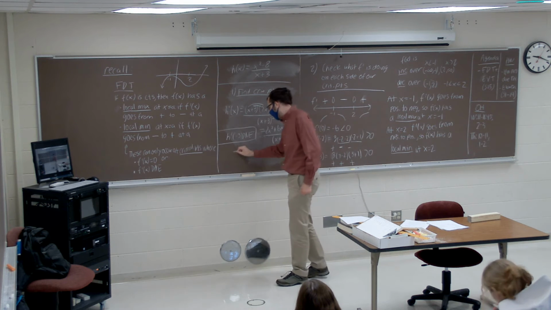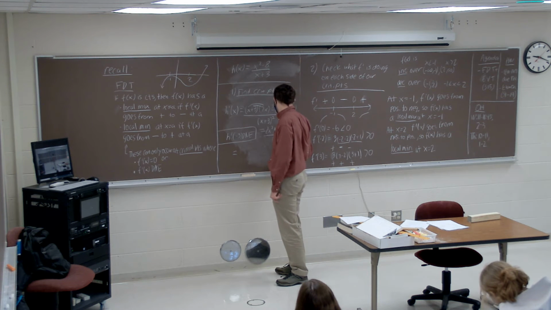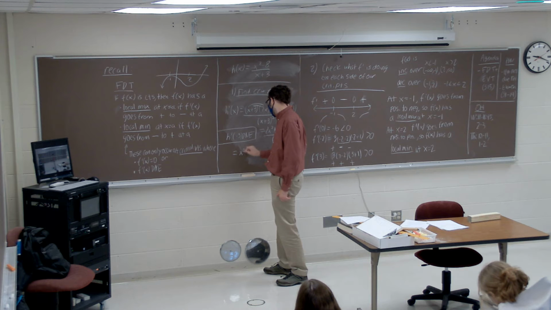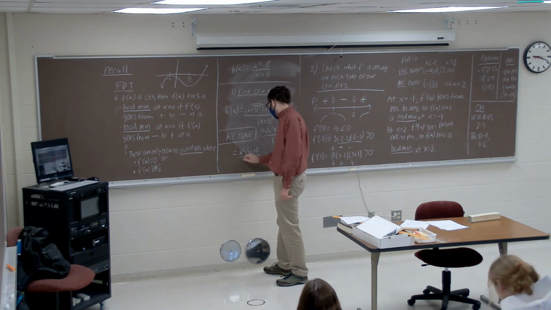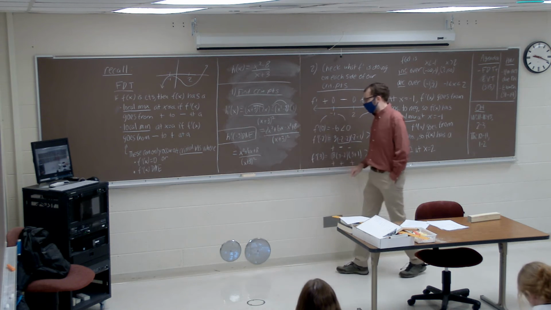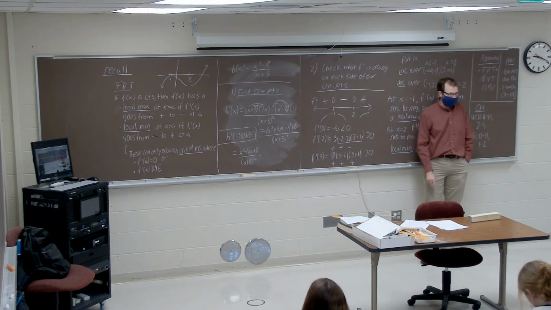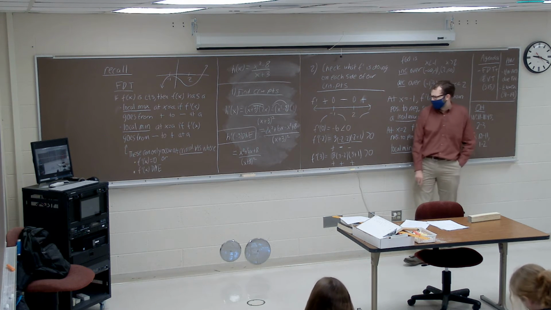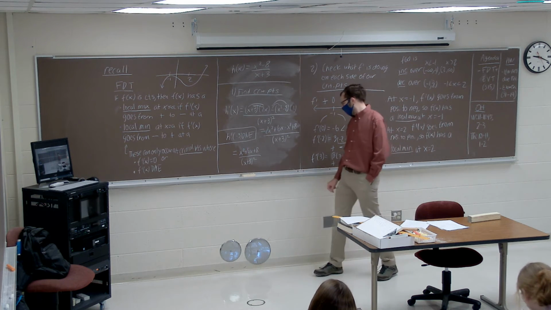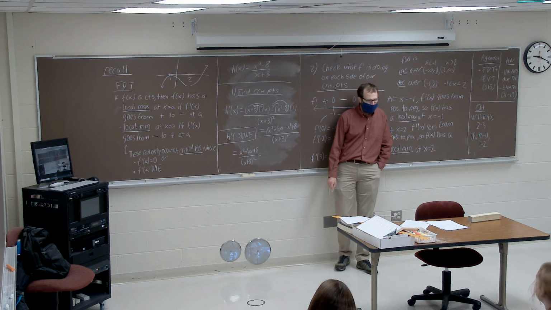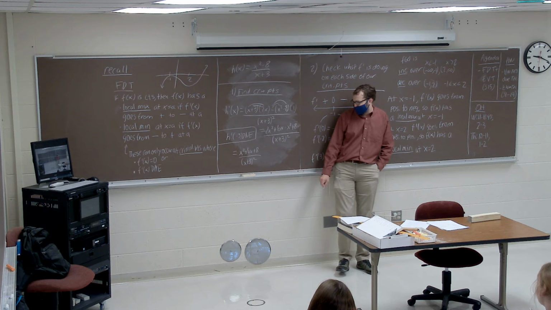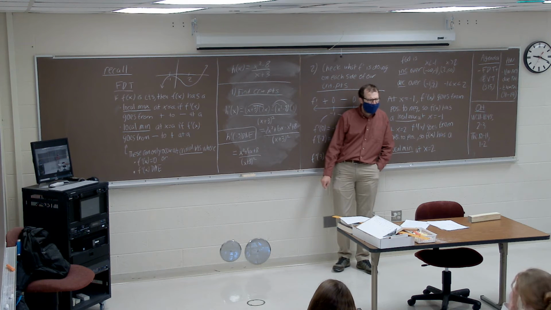And if we combine these, we'll get 2x squared minus x squared is x squared plus 6x plus 8 over x plus 3 quantity squared. If we wanted to find out where the numerator is equal to 0, where x squared plus 6x plus 8 is 0, what can we do to find that out?